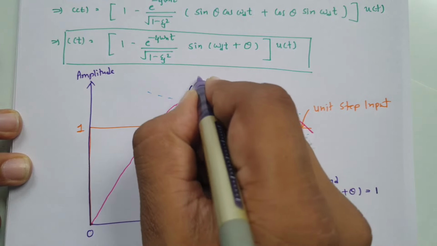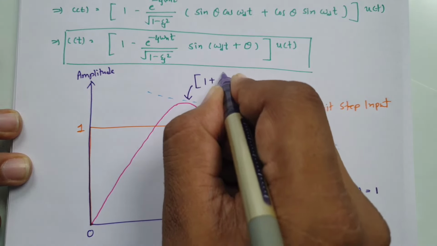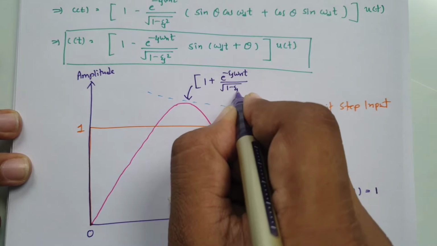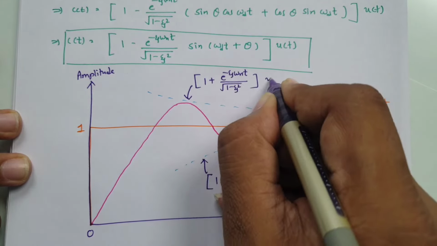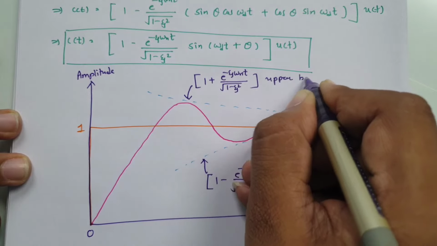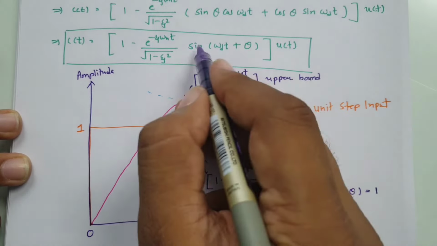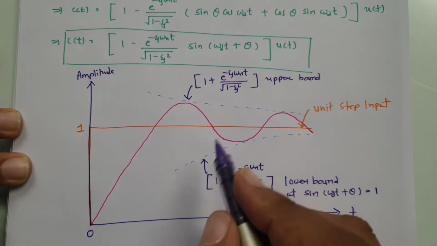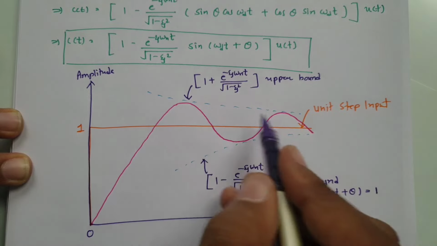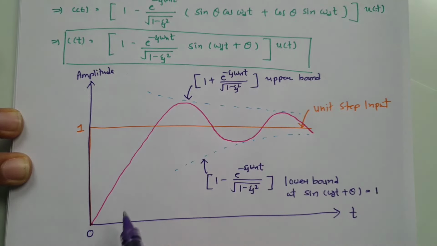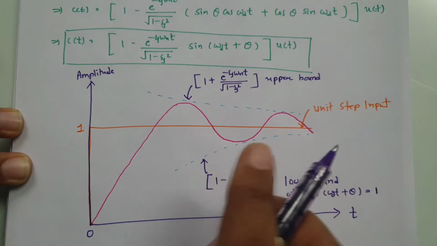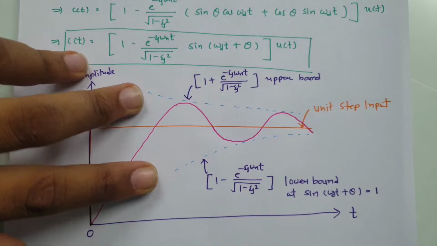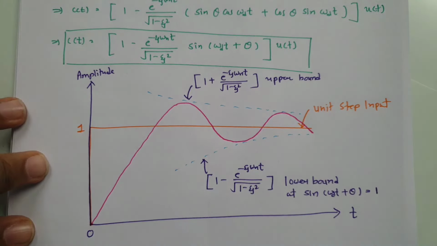So the upper bound will be 1 plus e to the power minus zeta omega n t divided by square root of 1 minus zeta square, and that happens when this is equal to minus 1, right? So why am I plotting this upper bound and lower bound? The reason is our output cannot go beyond this upper bound and lower bound, right? That is what I want to convey over here.